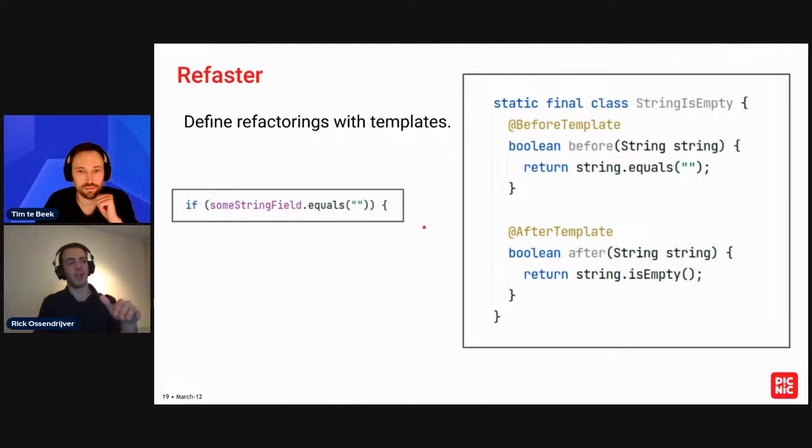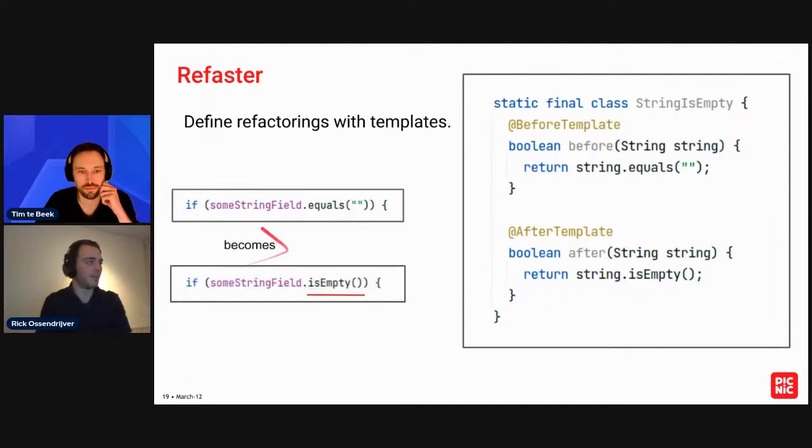But if we apply this Refaster rule on this particular piece of code, then it will automatically get rewritten to the content defined in the after template, namely the isEmpty operator. The cool thing about this Refaster rule is that it is really easy to specify a refactoring operation like this. The idea is that every Java developer can specify refactorings like this.